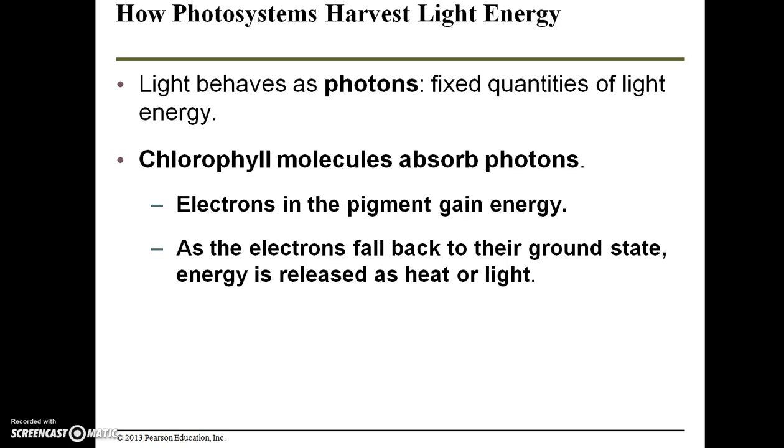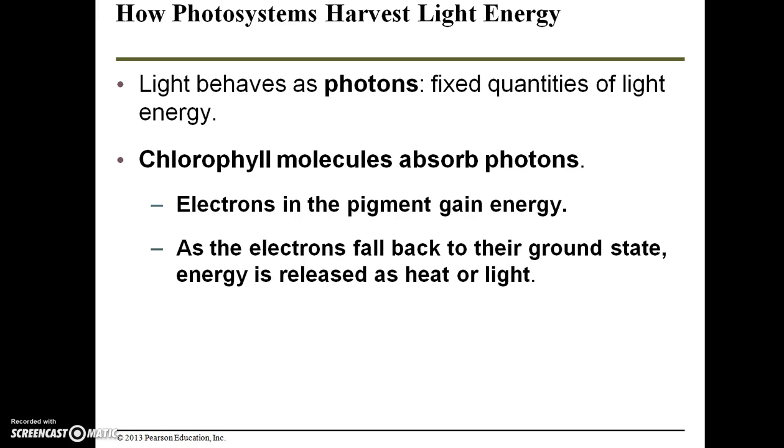Light behaves as waves, but it can also behave as photons, which are fixed quantities of light energy. And that is really the raw material with which chlorophyll molecules work. They absorb photons, and electrons within those pigments gain energy as a result.